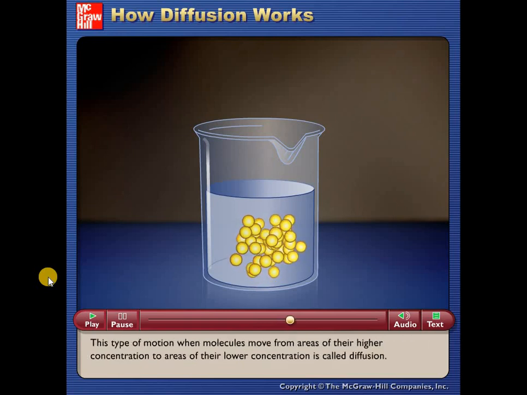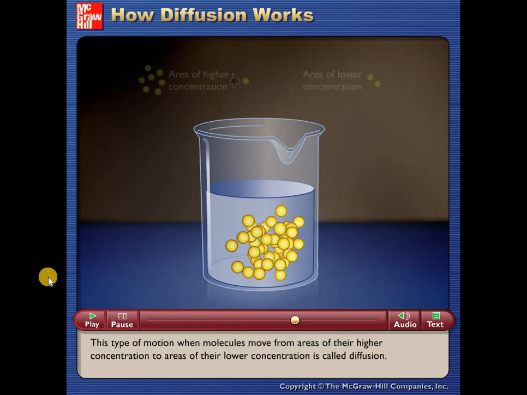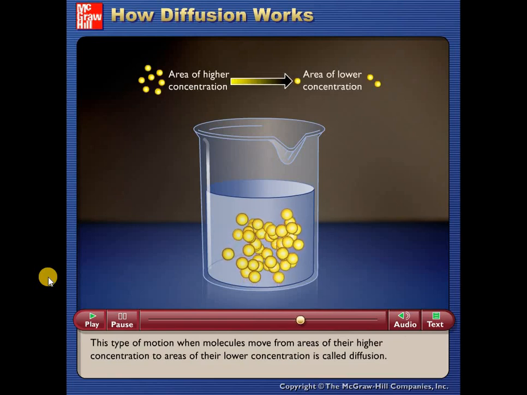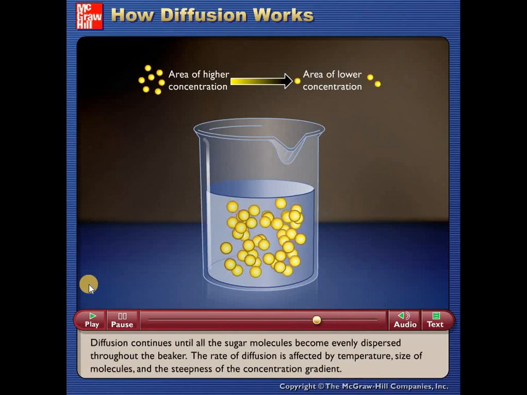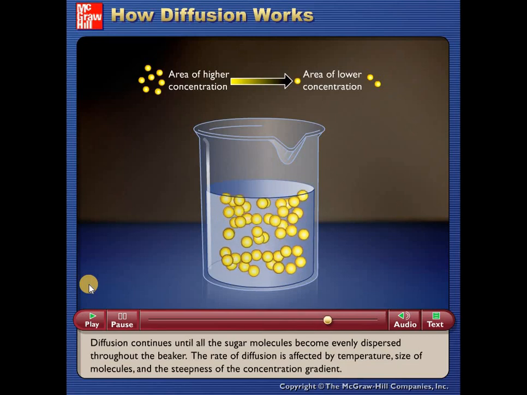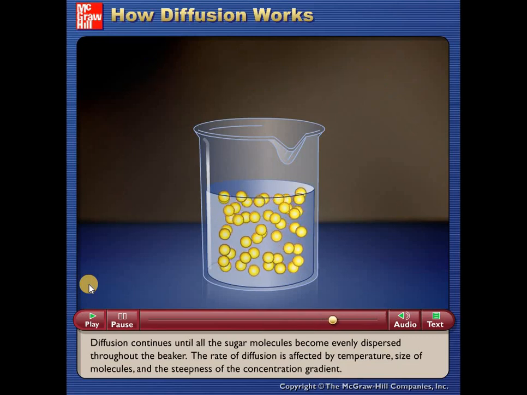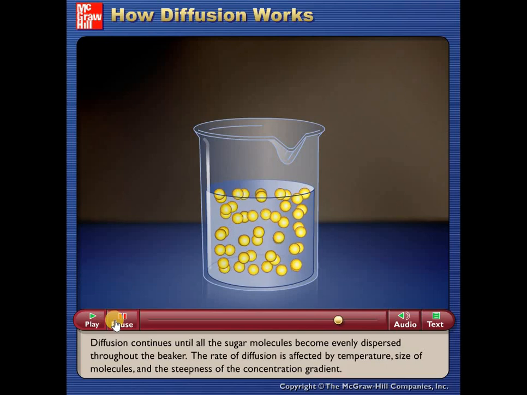This type of motion, when molecules move from areas of their higher concentration to areas of their lower concentration, is called diffusion. Diffusion continues until all the sugar molecules become evenly dispersed throughout the beaker. The rate of diffusion is affected by temperature, size of molecules, and the steepness of the concentration gradient.